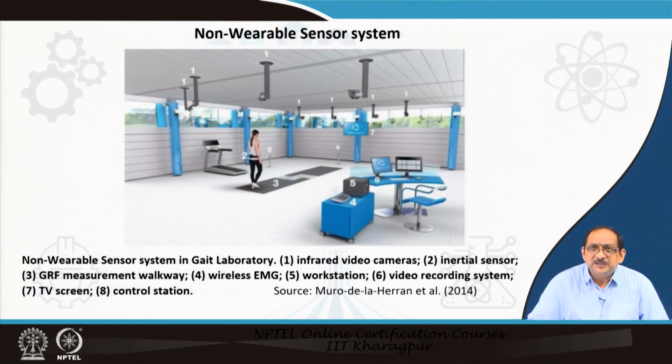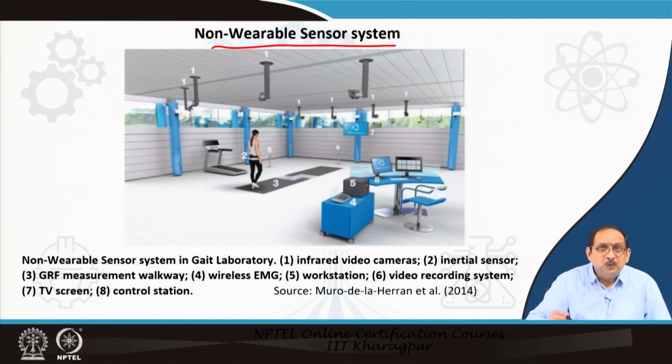Let me now present to you a schematic diagram of a non-wearable sensor system. We had discussed the non-wearable sensor system earlier in part 1 of the lecture, and it may be recalled that the non-wearable sensor system is restricted within the domain of the gait laboratory.